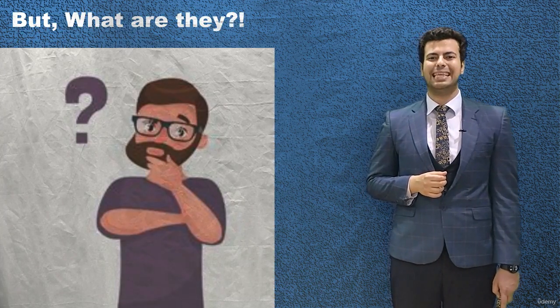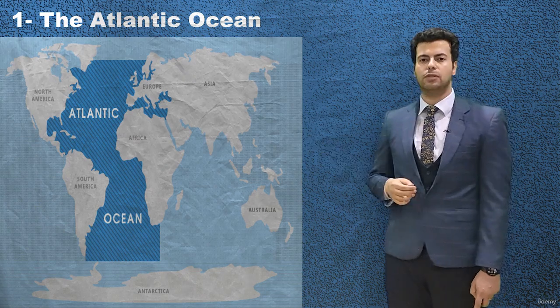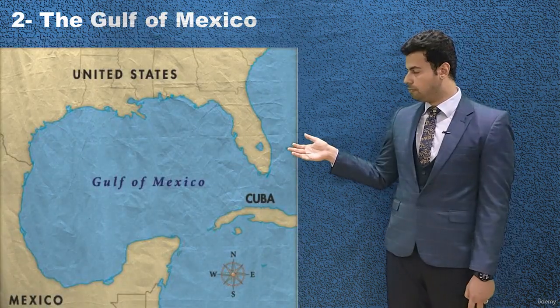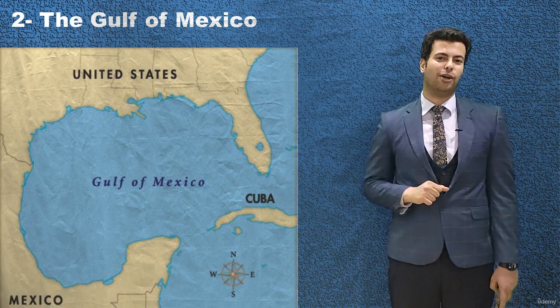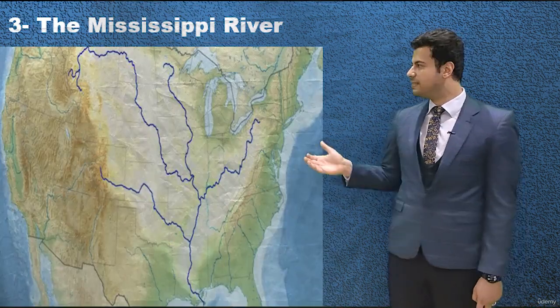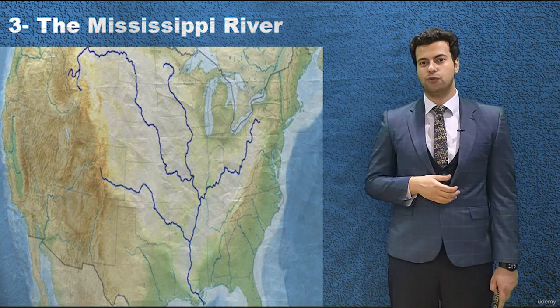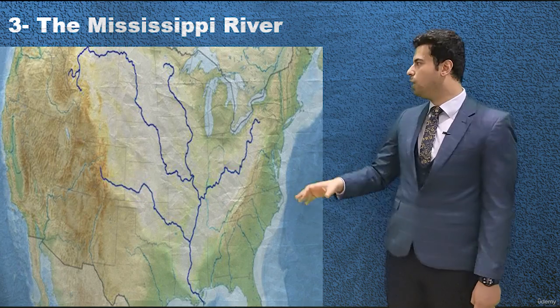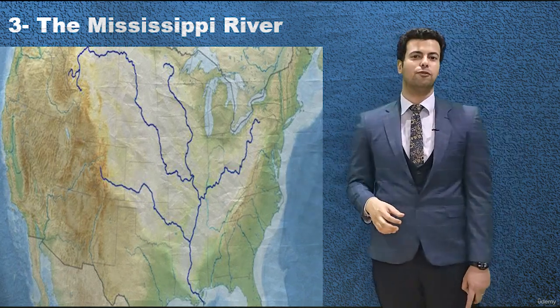First, the Atlantic Ocean, the second biggest ocean after the Pacific. The Gulf of Mexico. Of course, it borders the United States and Mexico. We have the Mississippi River, the most crucial river that we are studying because it separates the United States into 26 states and 24 states.